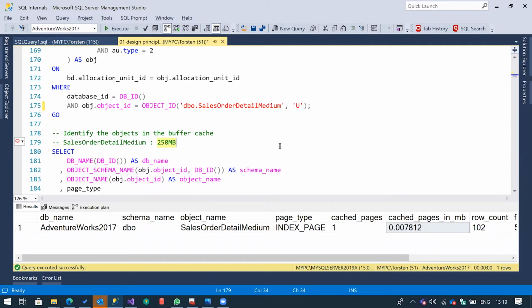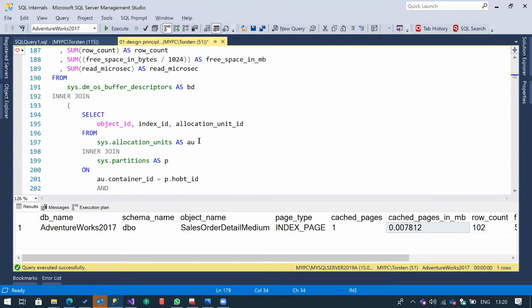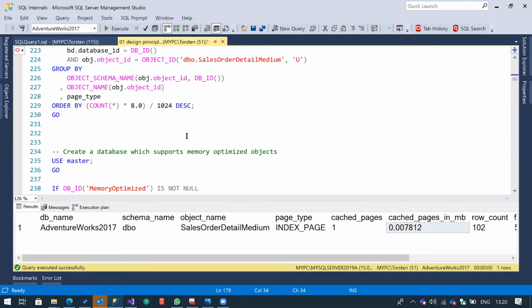That means the next time again, when I execute the same query, believe me, you will see 250 megabytes. We have 250 megabytes of 8 kilobyte pages just to count the number of rows for the big table here.